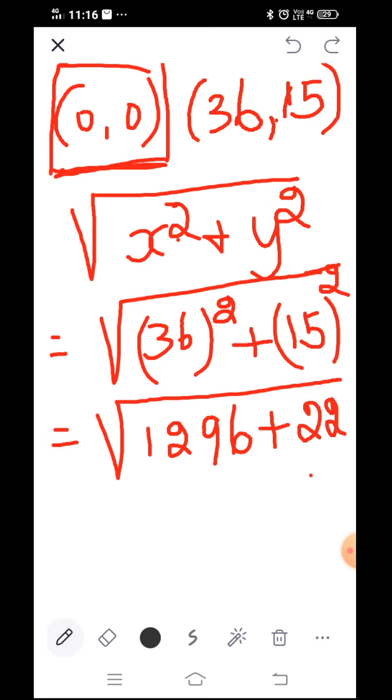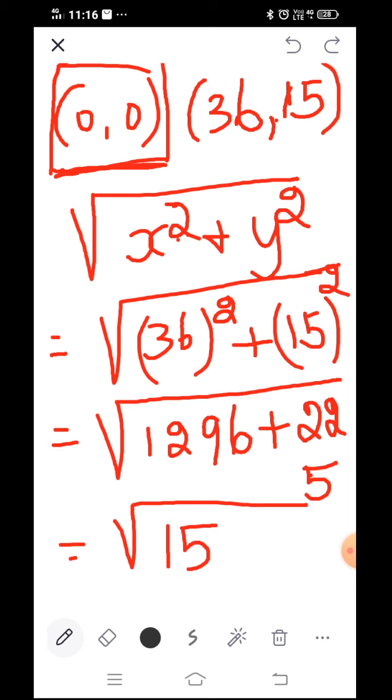Here there is no place, so let me write it down. 225. Don't get confused, 225. If you add these two numbers, 1296 plus 225, you will get 1521.